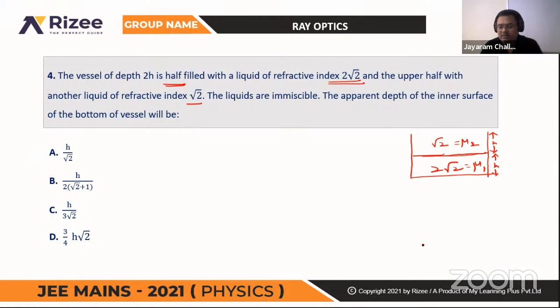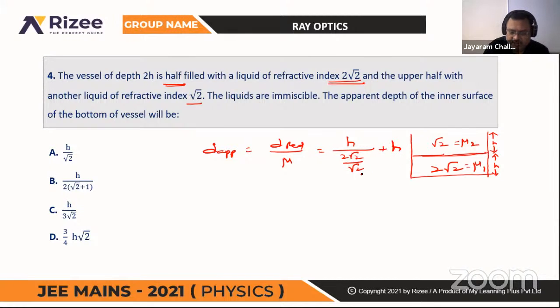Apparent depth, d apparent, is equal to real depth by mu. So what is your real depth? It is going to be h, and the relative refractive index is 2 root 2 by root 2. So this is going to be plus, with respect to air, h by root 2 by 1, anything like this. So now this comes out to be root 2 by 1.